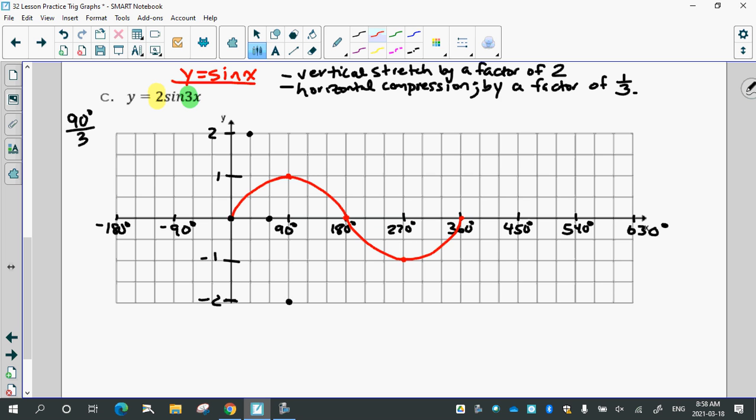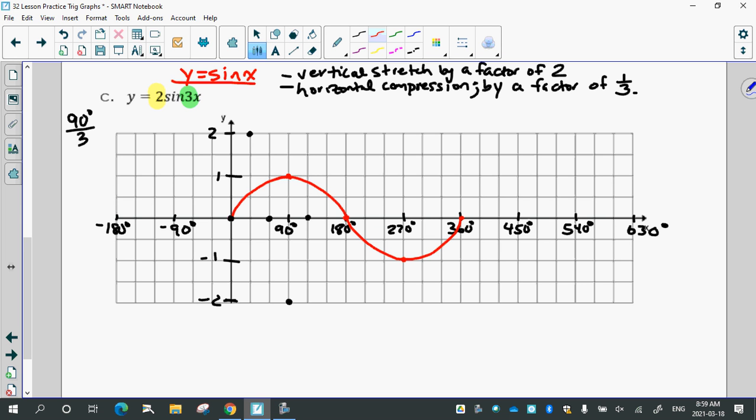And then when I'm already on the x-axis, vertical stretch, I just stay in the same spot. 360 divided by 3 is 120, which is here. All right, so that should give you one cycle.